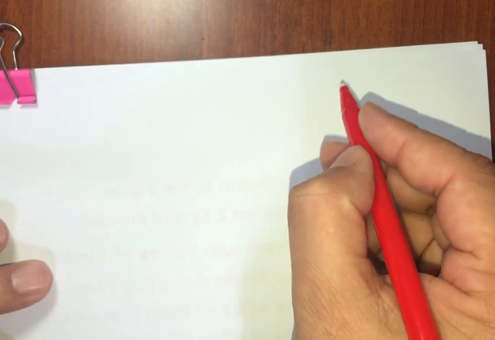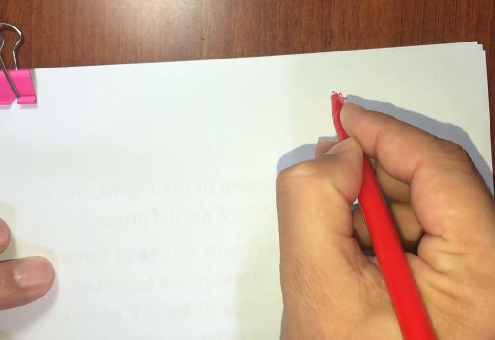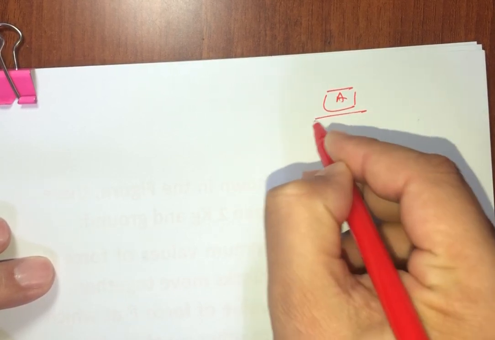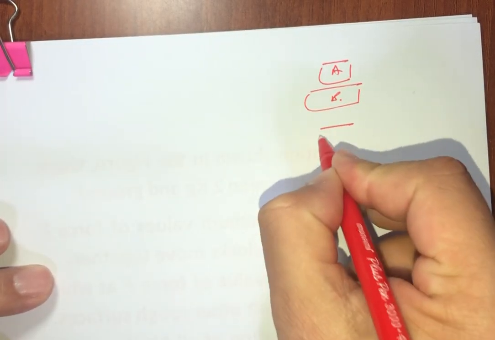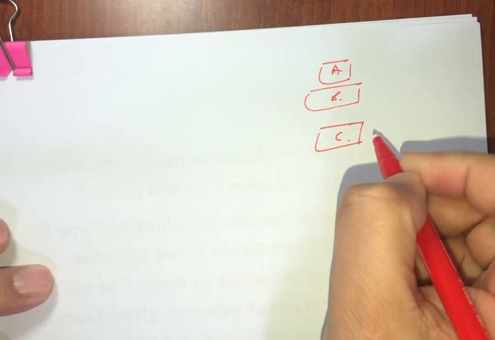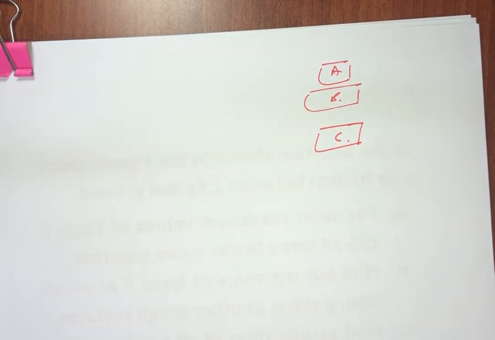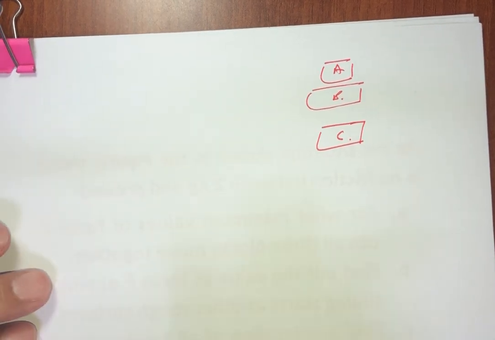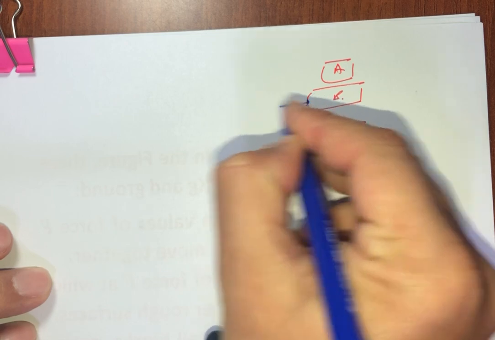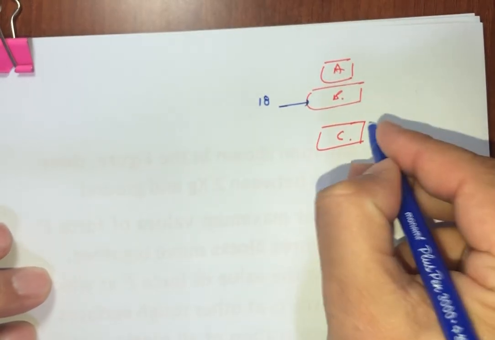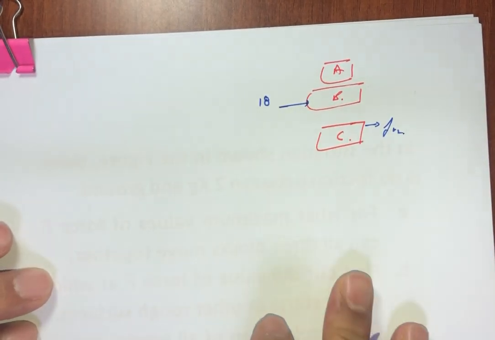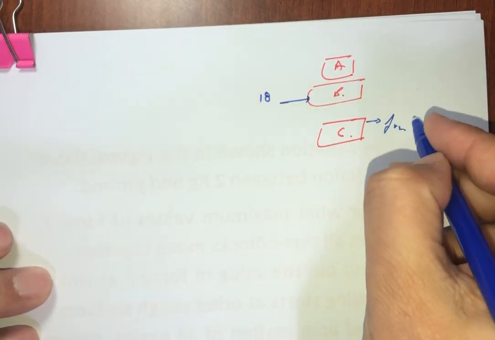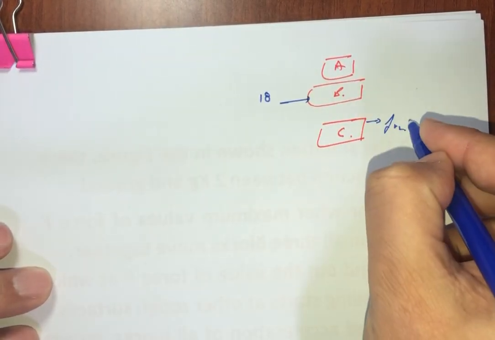So we have our A and this is our B and we have this our C. Now the applied force is 18 Newton. This will be our Fr2, and as there is sliding, this will be 6 Newton.